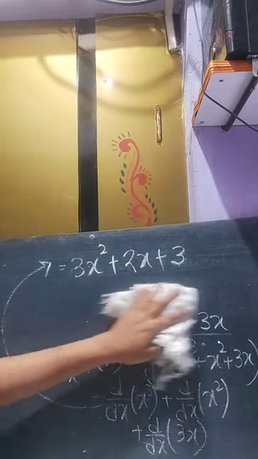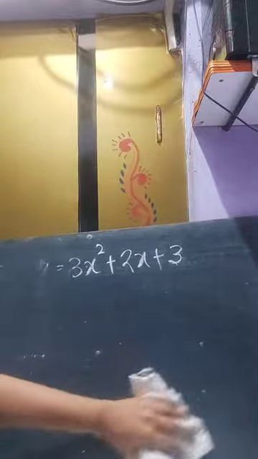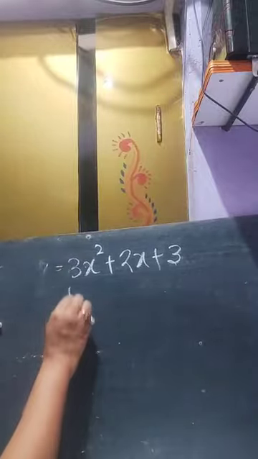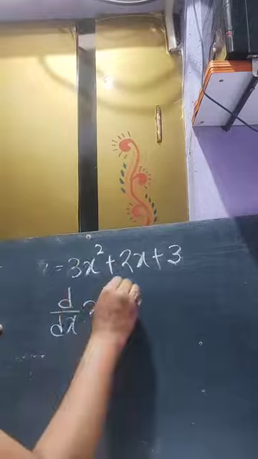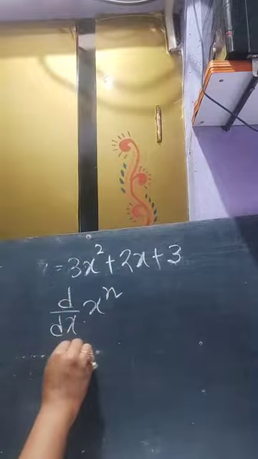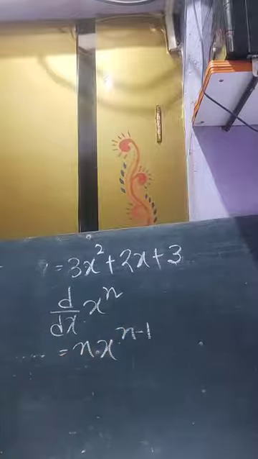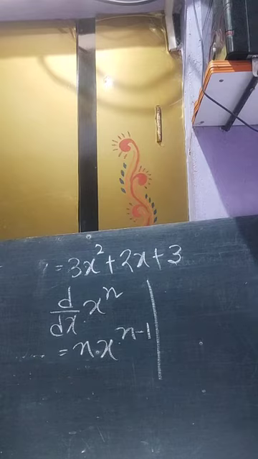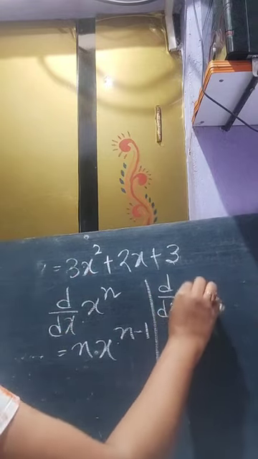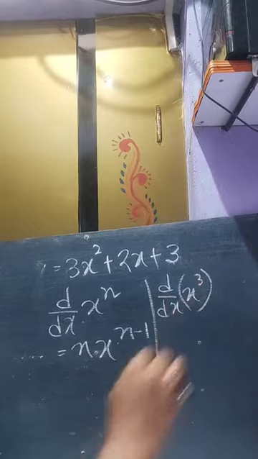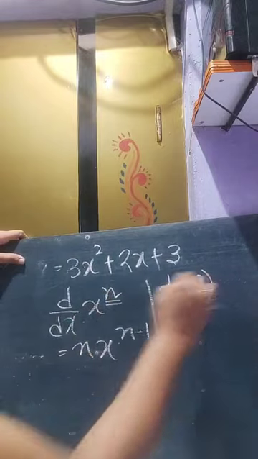There is a formula. The formula says that if d/dx is operated on x to the power n, then the result will be n times x to the power n minus 1. Taking the similarity with d/dx of x cube, whatever n is here, 3 is here.